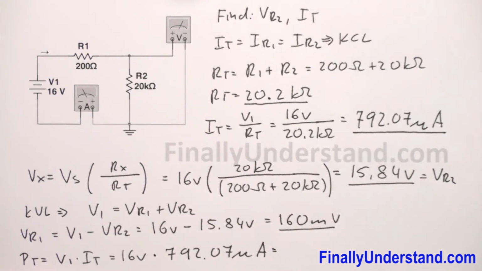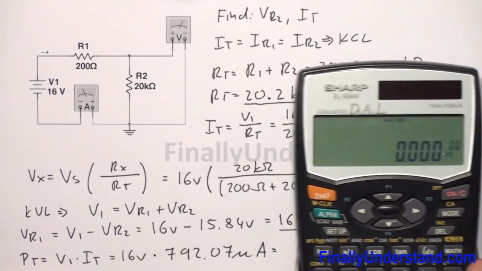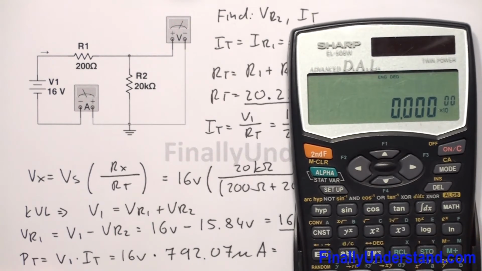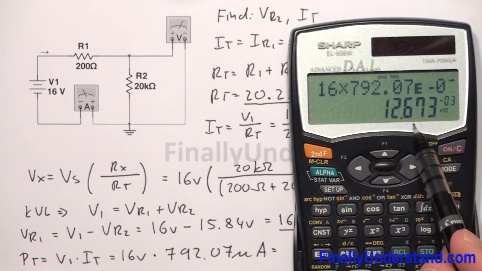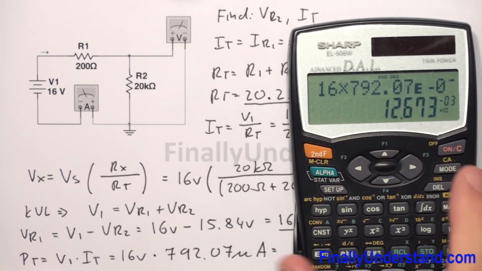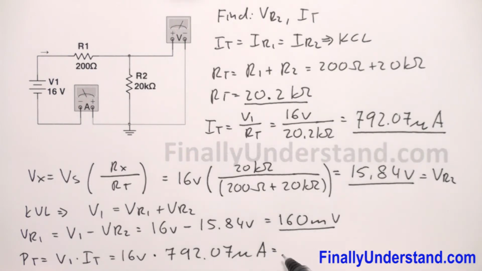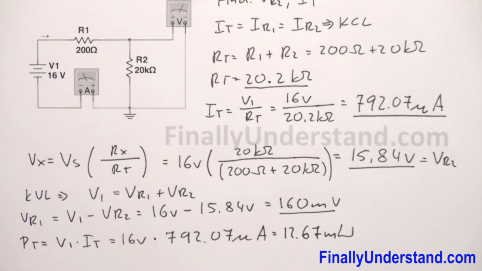This is my formula for total power. So I have 16 times 792.07 exponent negative 6. This is equal to 12.67 milliwatts. This is my total power.